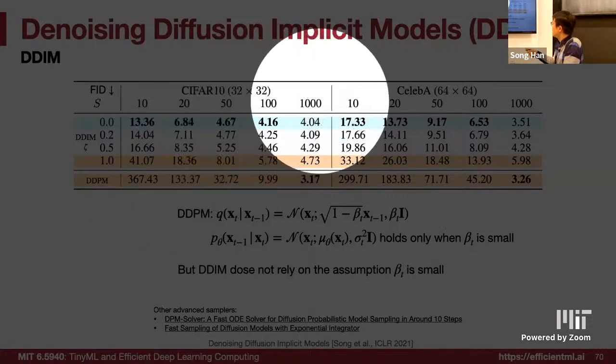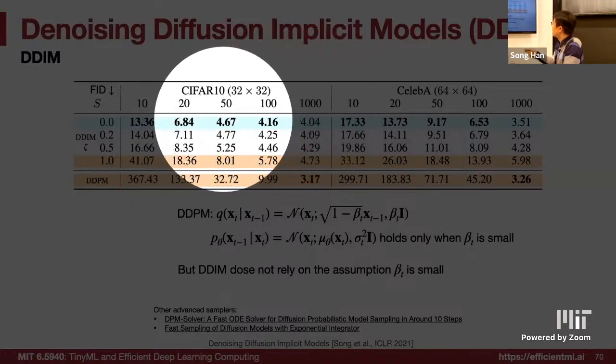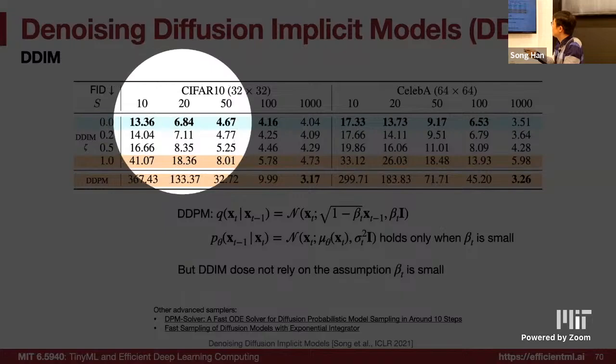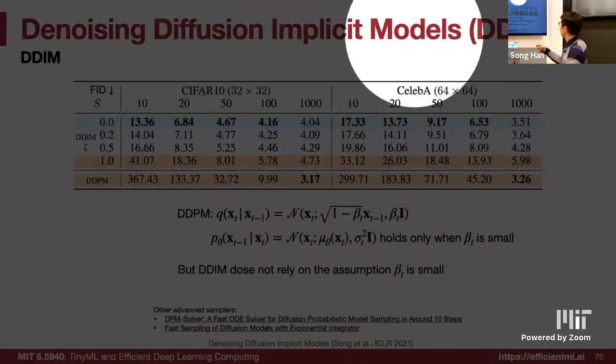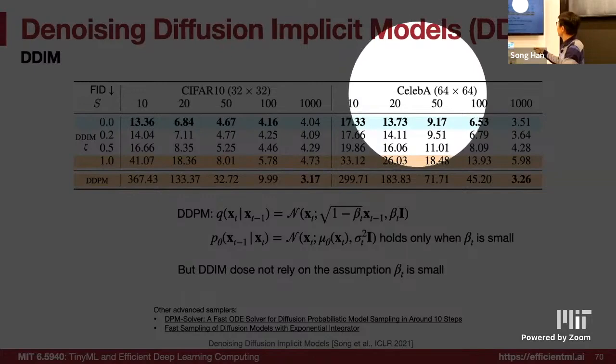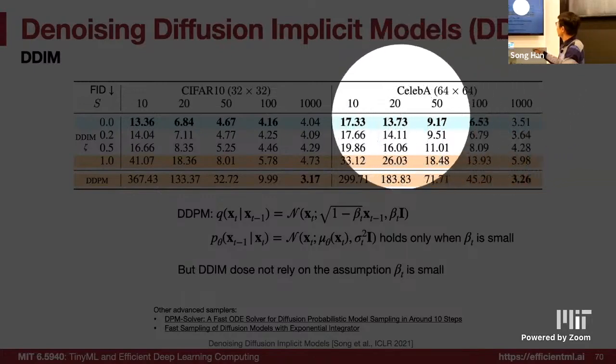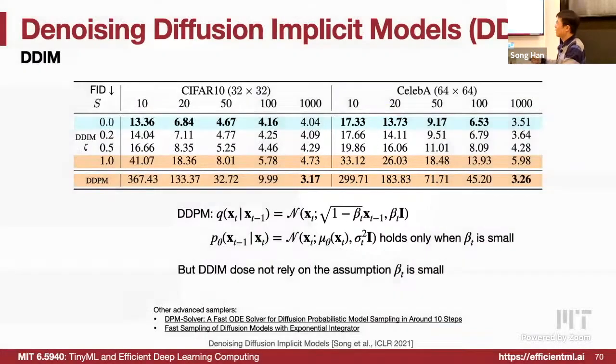But using DDIM, the FID stays very stable until 10 or 20 steps. This is on the CIFAR-10 dataset, and this is on the CelebA dataset. The FID is well maintained while using much fewer sampling steps, like 20 steps as opposed to 1,000 steps.